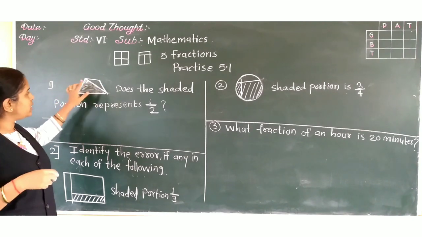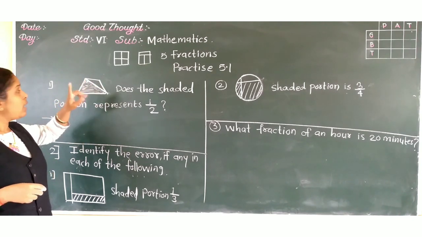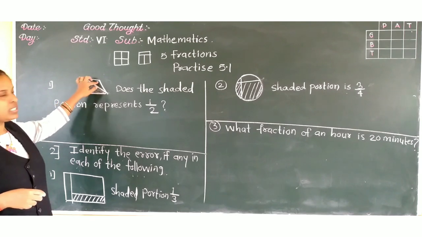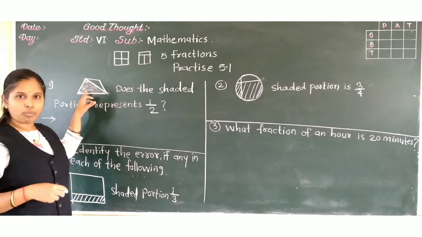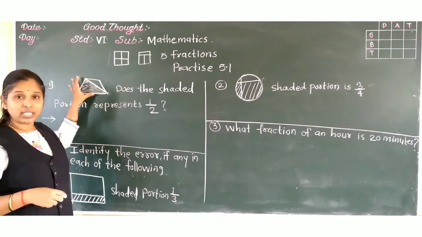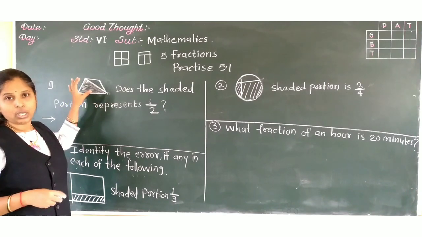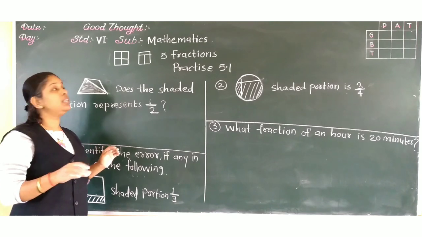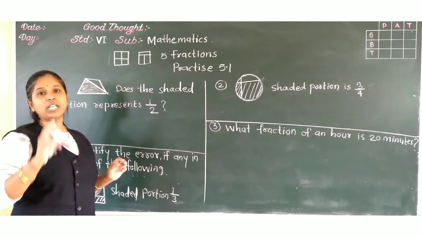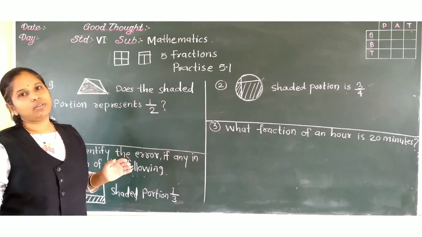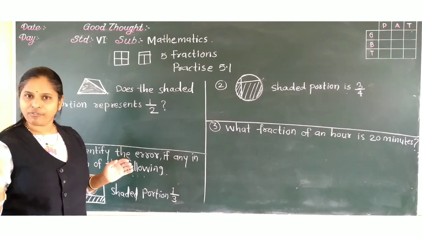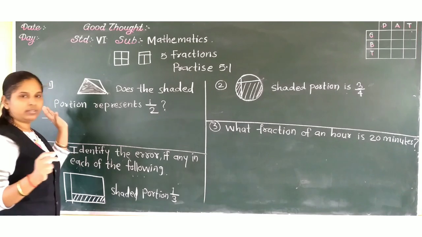In the same way, look here also. Here the figure is divided into 2 triangles, but this is the bigger one and this is the smaller one. So, does the shaded portion represent 1 upon 2? Can we write this in the form of a fraction? No. To form a fraction, the figure must be divided into equal parts. Then only can we form a fraction from that. But here it is not there.